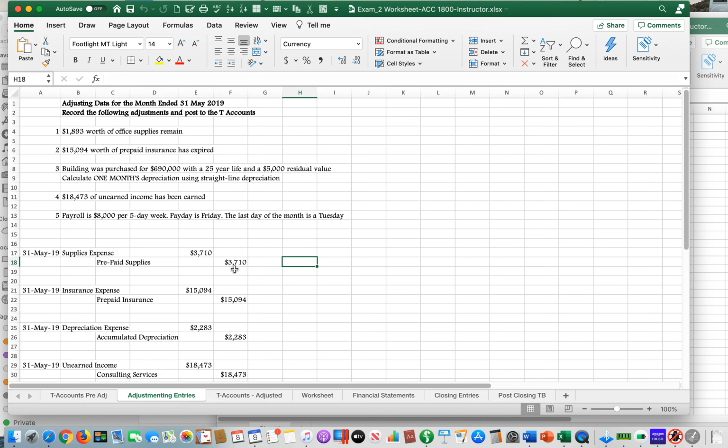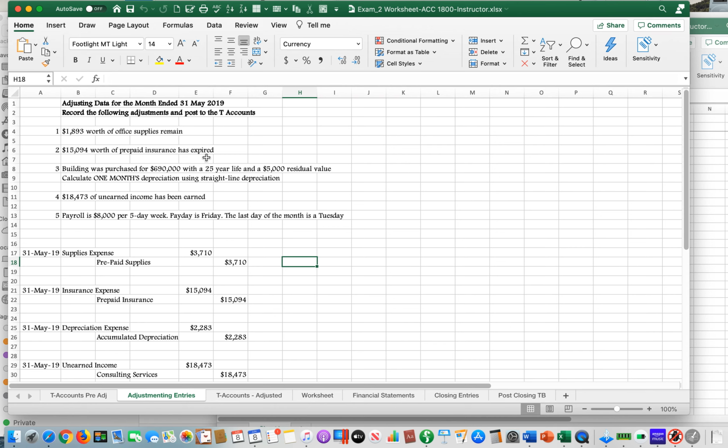Okay, you need to record the amount that was used, not the amount that was remaining. Students often make the mistake, they'll debit supplies expense $1,893. No, you record what was used or what has expired. Sometimes you hear the term expired, means used.